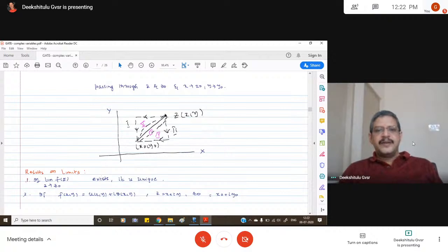First path: this point is (x0, y), y is the same, then x goes to x0. Otherwise, y goes to y0 first, and then x to x0. That is the second path.